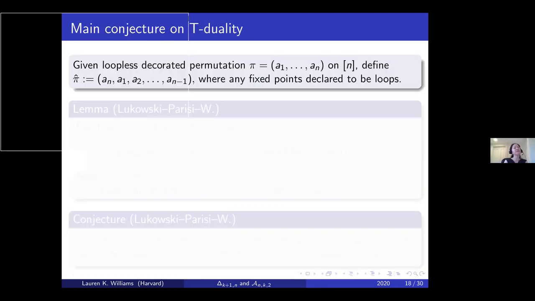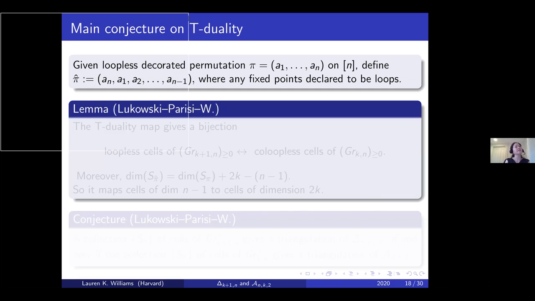Okay, so now here's our main conjecture on T-duality. So let's start with our loopless decorated permutation pi, and pi hat is as above. Then a very simple lemma is that the T-duality map gives a bijection between the loopless cells of the TNN Grassmannian of k+1, n and the co-loopless cells of Gr(k,n).